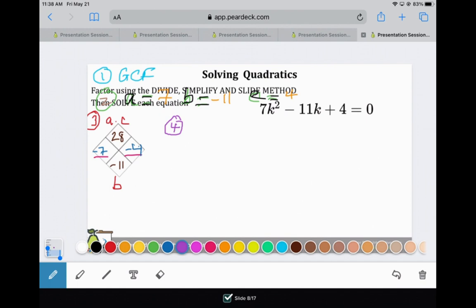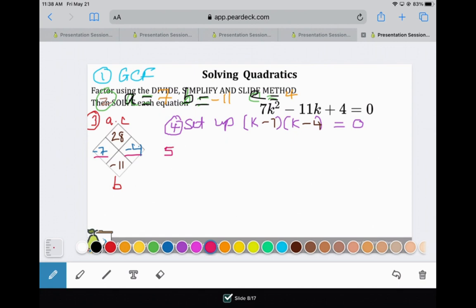Okay, step 4, I will set up 2 parentheses. You're going to have k something. So you have that. That's the template that you want to use. If it's the x or that's the k, doesn't matter, depending on the letter that's given to you. So that's what you use. So I will plug it in. So this is k minus 7, k minus 4. Okay.